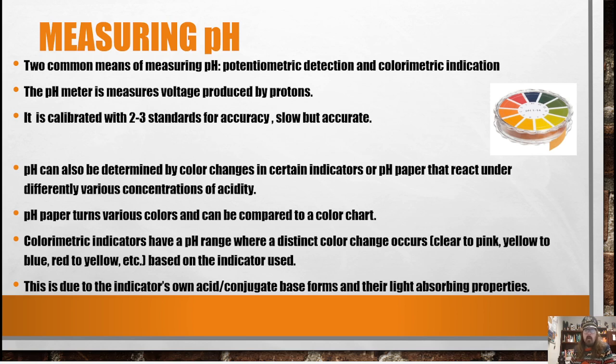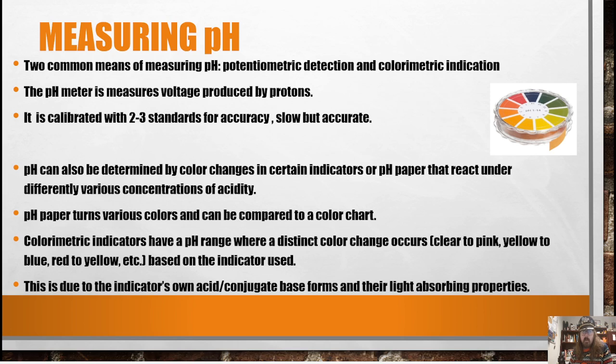And these ranges where this color change occurs are well known. So by using these ranges, we can tell when something has gone acidic, or basic, or very acidic or very basic based on these color changes.